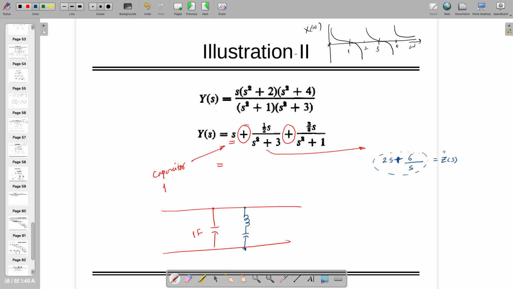Inductor, in impedance. S times L is an inductor and 1 by SC is a capacitor. So tell me the value. 2 Henry. Look at this, S times L, so L is 2. What about this one? Not 6, 1 by 6.